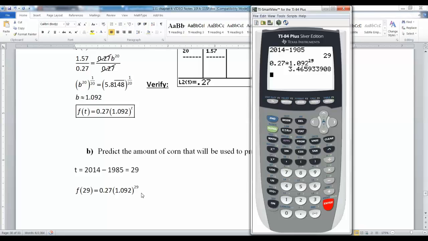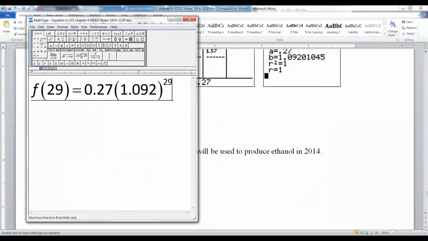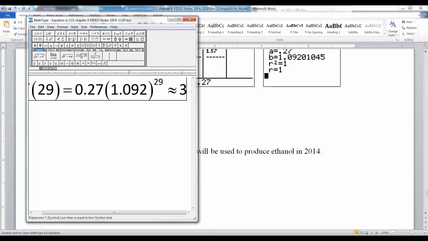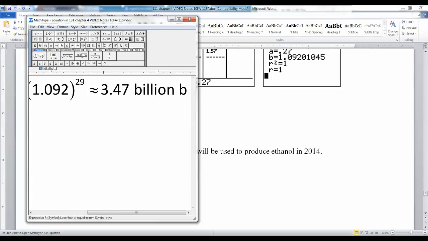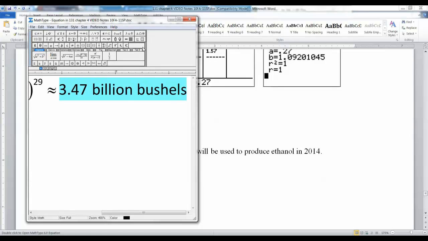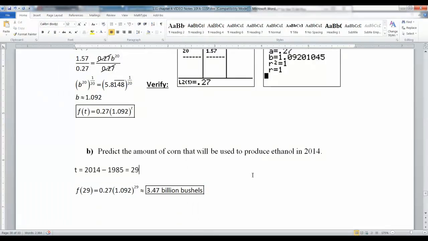There you go. About 3.47. I'm going to use a squiggly equals because we approximated a little bit here. 3.47 billion bushels, because that was the unit on our problem. Done.